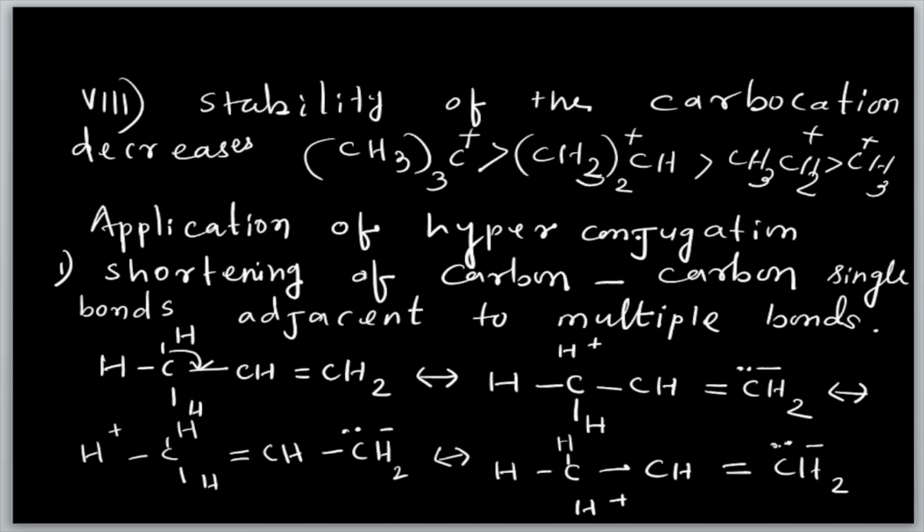Since partial overlapping takes place between the carbon single bond, that is the sigma bond, and the empty p orbital in the carbocation, for example the ethyl cation, here there is shortening of the carbon-carbon single bond adjacent to a double or multiple bond. So the bond length becomes short. If it is attached to a multiple bond, then the length is shorter.